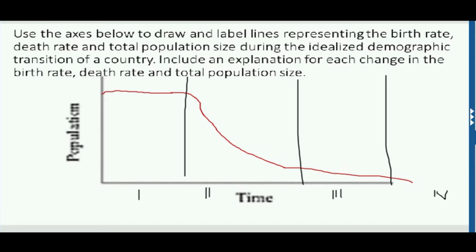Okay, now I'm going to use a different color for the death rate. And so the death rate, basically, in the beginning, they're both high. The birth and death rate are high, right? Then what happens is the death rate starts to go down. Low. Okay, and then the population.